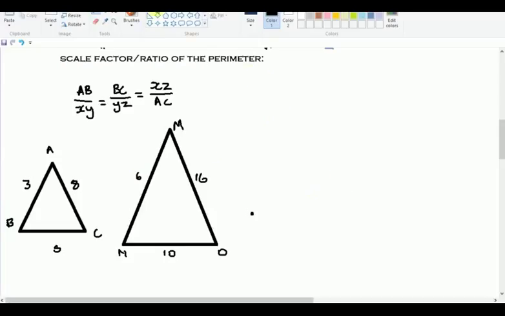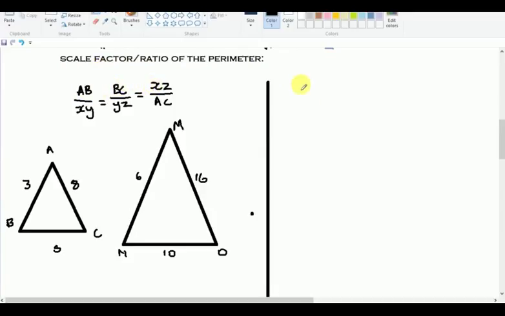So what we are going to do here is calculate the scale factor or the ratio of the perimeter. We're going to use our formula. We'll only take any two, not all three.